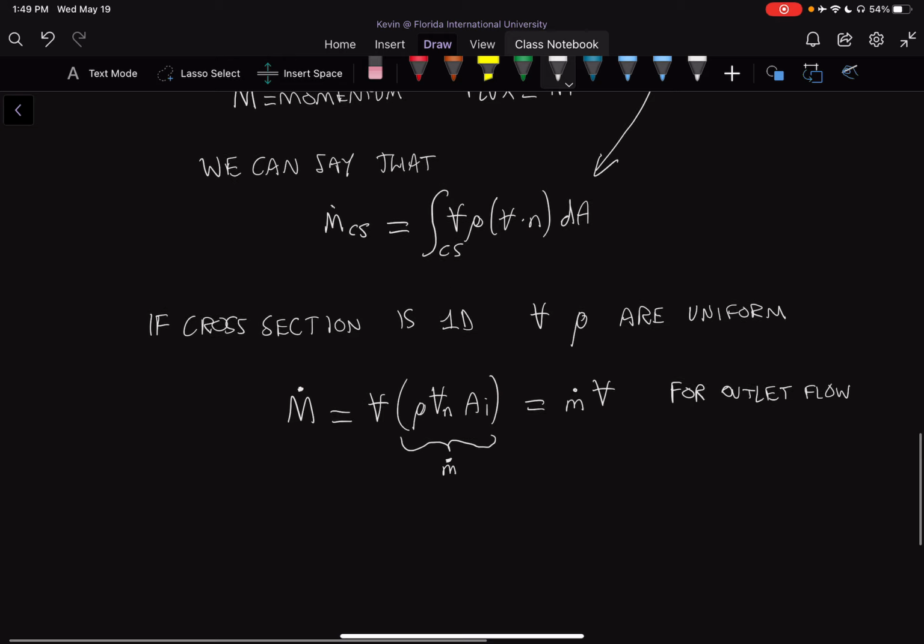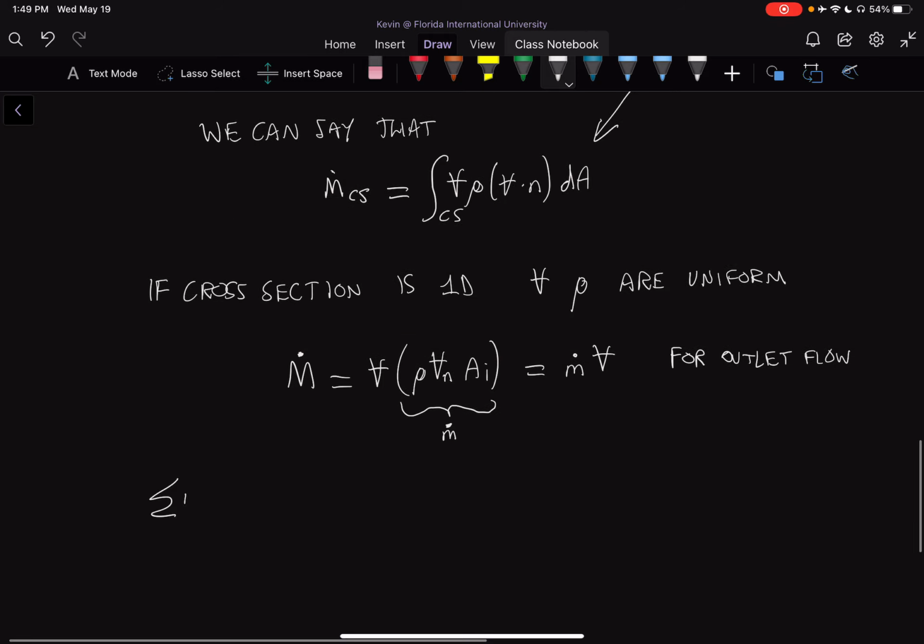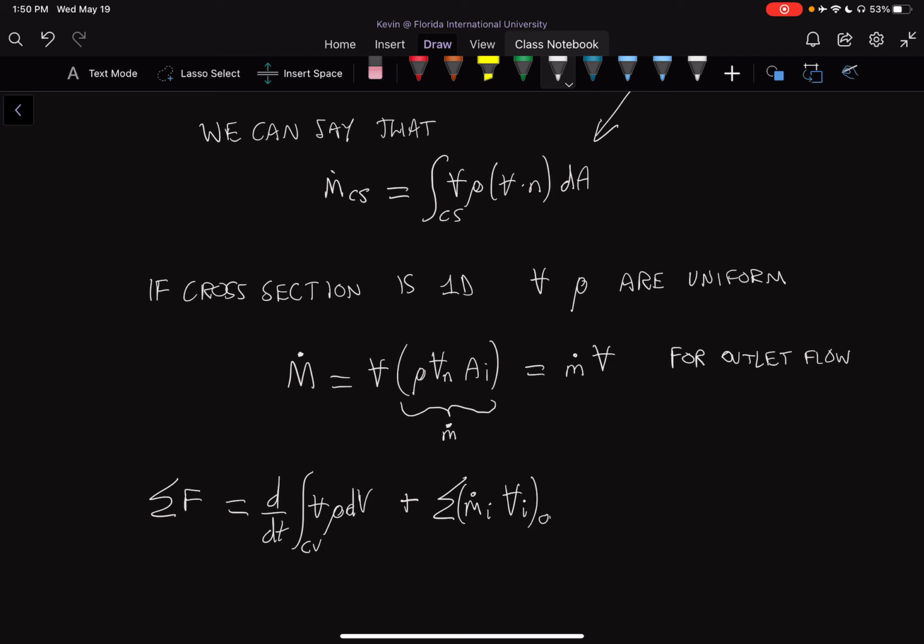So we can rewrite our equation as the sum of the forces is equal to d dt times the integral of v rho dv, which is our rate of change in the control volume of our linear momentum, plus the sum of m dot i vi out minus the sum of m dot i vi in.